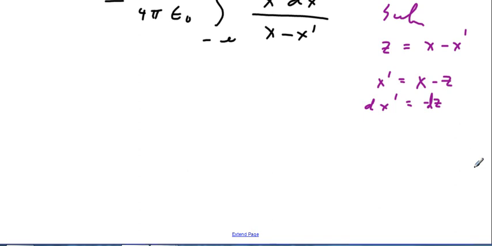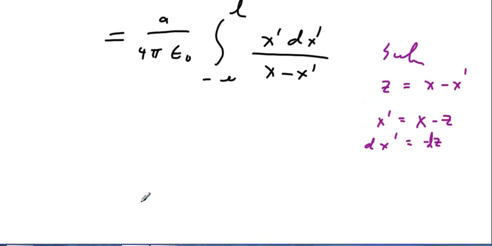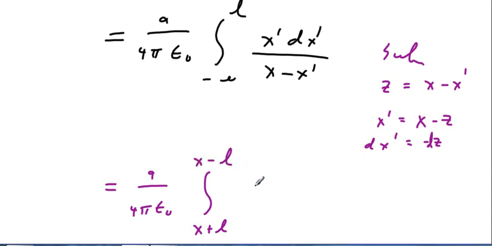Now we're going to do that substitution, and we have a over 4 pi epsilon naught integral from x plus L to x minus L of (x minus z) times minus dz divided by z.